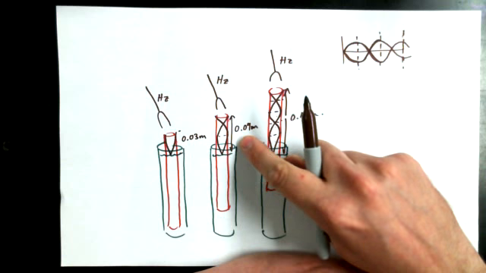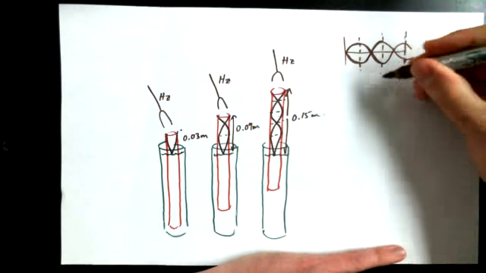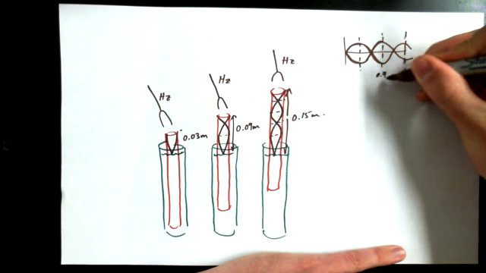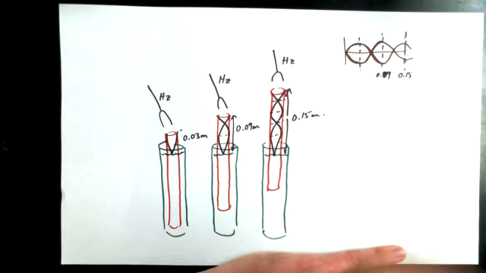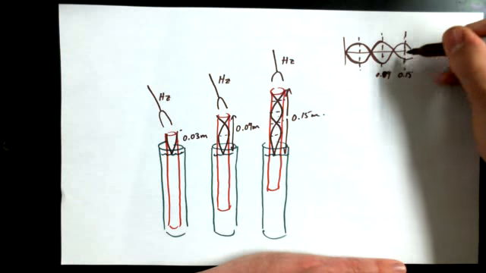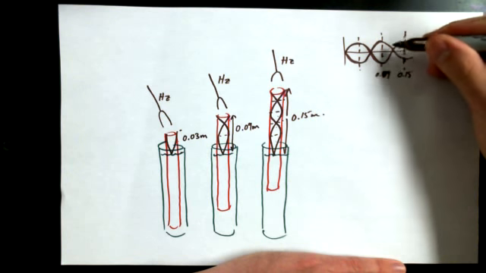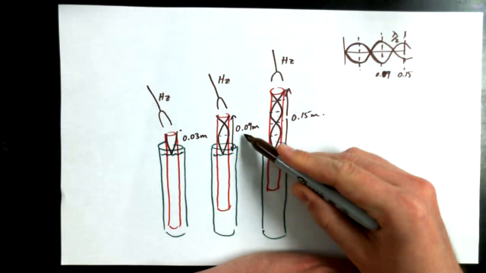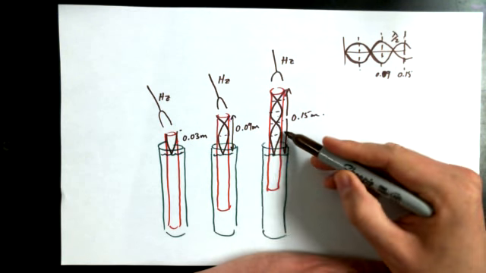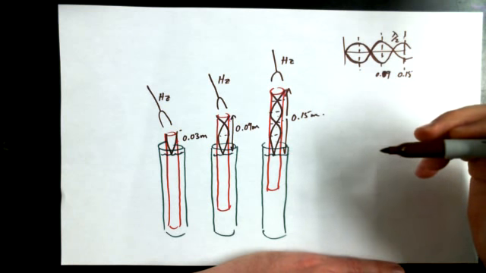If I know that this one is 0.09 and this one here is 0.15, from here to here is what fraction of a wavelength? A half, lambda over 2. So for this situation, if I have my measurement at this resonance and the measurement at this resonance, how could I find the value of half a wavelength?